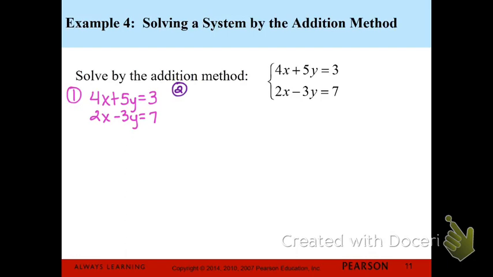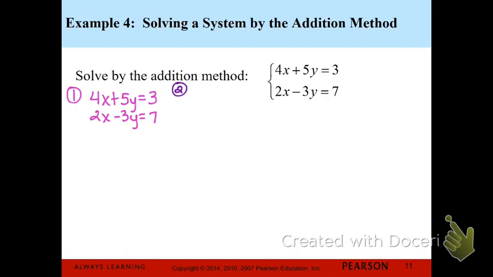Okay, what was step 2? If necessary, multiply them by numbers so that something will cancel when we combine, right? So we have to choose here. Do we want to eliminate the x or do we want to eliminate the y? Honestly, it doesn't matter. So listen, some of the things I'll look for. Does one of my variables, either the x's or the y's, have the same number in front of them in both equations?